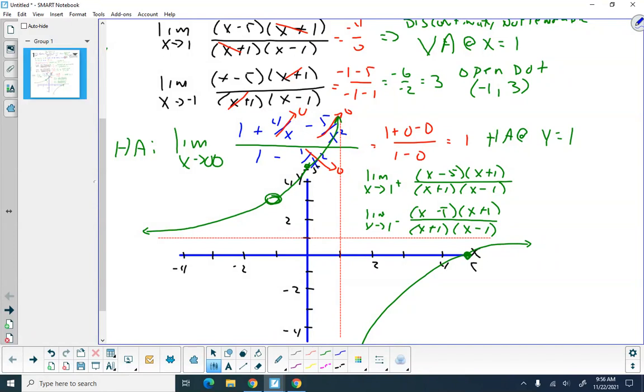If we take the limit as x approaches 1 from the right, these x plus 1s would cancel out still.